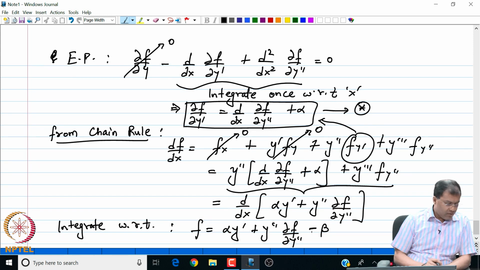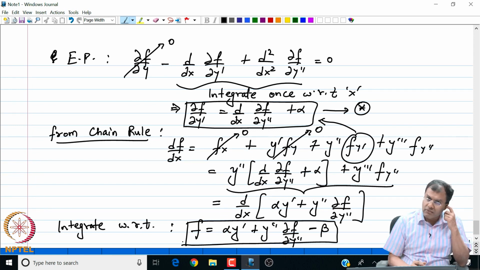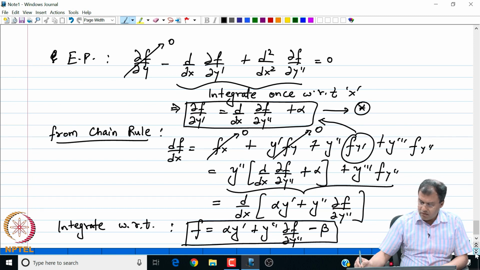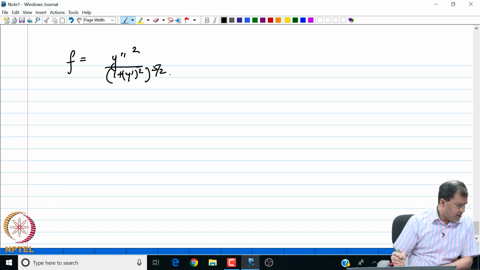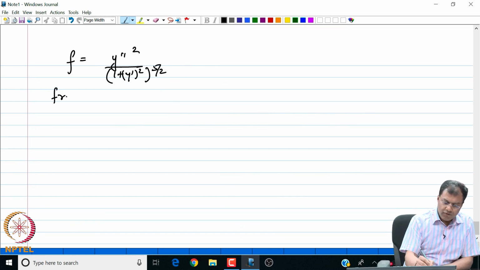Okay. So, we have simplified our Euler-Poisson equation, and now we are ready to substitute our expression for the integrand small f. So, our small f is y double prime square divided by 1 plus y prime square to the power 5 by 2, and once we do that, let me call this as double star, and call this as triple star.